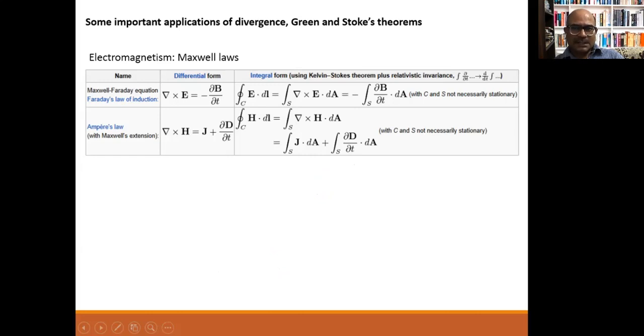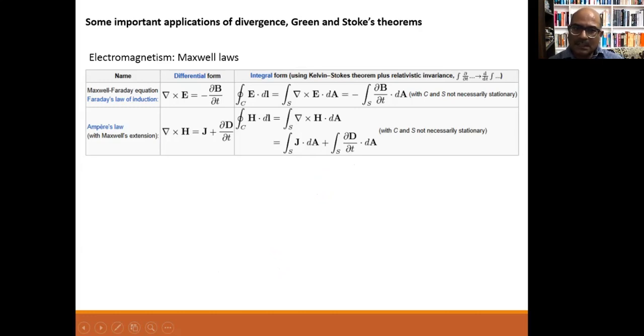Important applications of the divergence, Green's and Stokes theorems can be seen in electromagnetism, in Maxwell's laws. In the differential form, del cross E is equal to minus del B by del t, and for the integral form we have defined this.